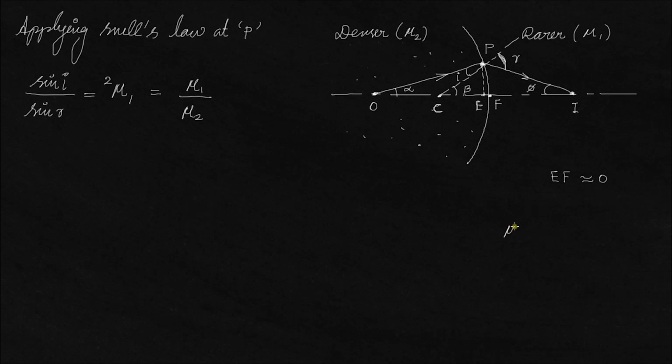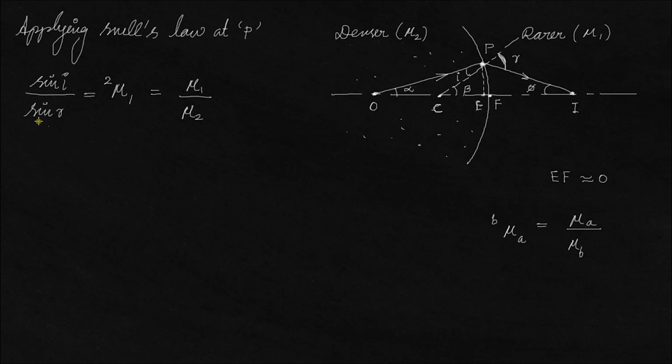We have mu AB for any two media equal to mu A by mu B, where mu A is the absolute refractive index of medium A, and respectively mu B is the absolute refractive index of medium B. Now these angles are very small: i, r, alpha, beta, phi, etc. are very small.